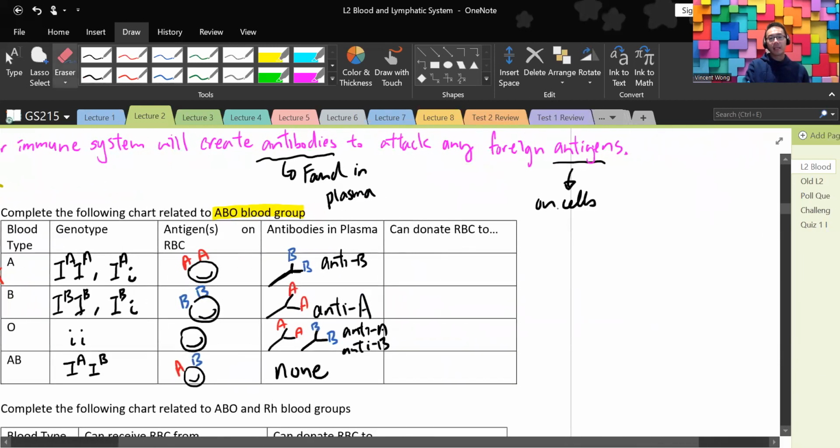Let me go through the logic behind it with you first, and then I can tell you what the shortcut is. First of all, when we talk about blood transfusion, you have to understand, I think I mentioned this in the lecture already, but let me reiterate, we do not transfuse the whole blood.